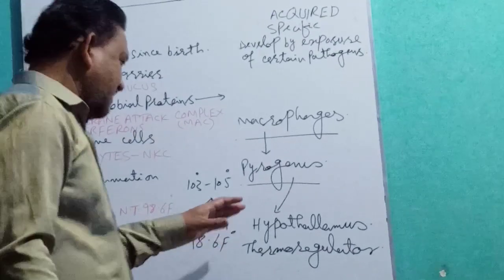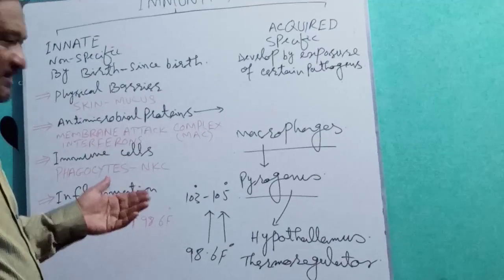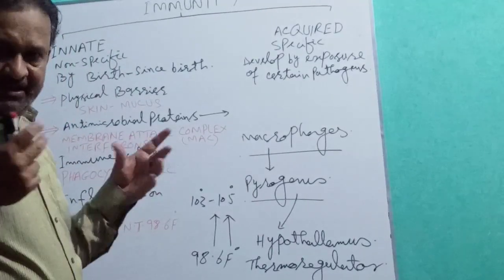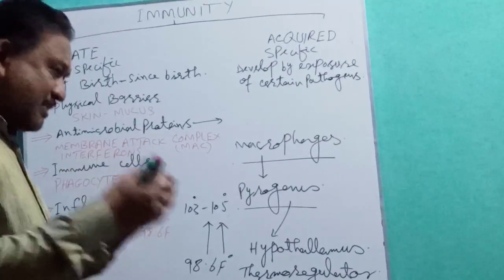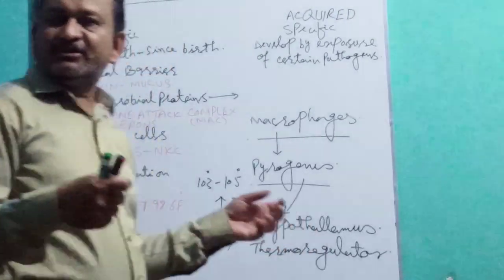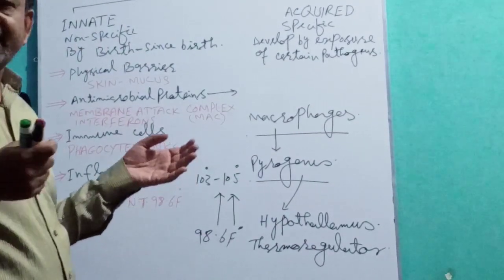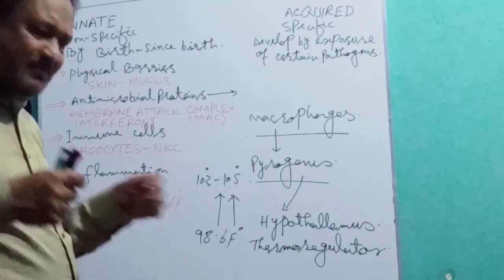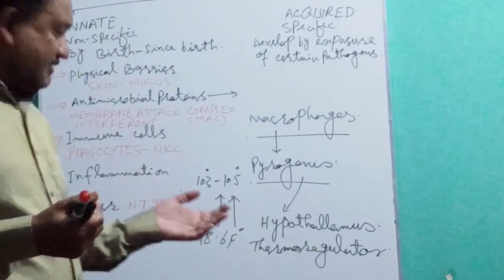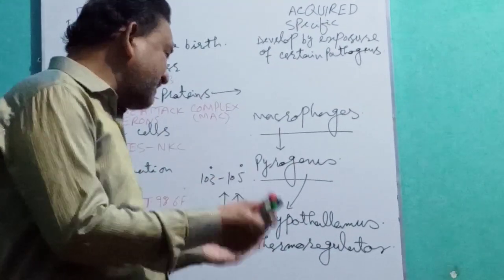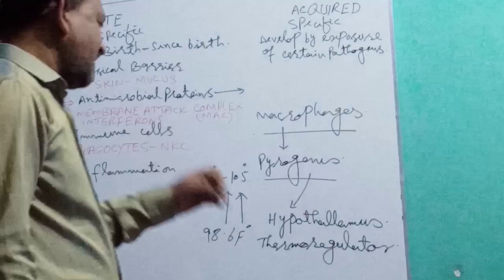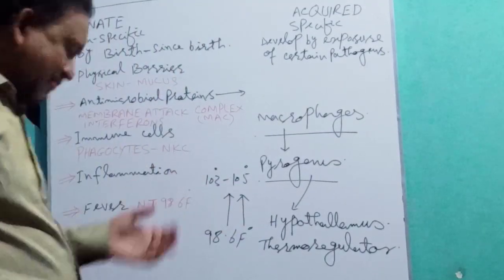But how does this temperature rise? Because the hypothalamus sends signals to our muscles to contract and relax, and also signals to the skin where blood circulation constricts and shivering starts. So the blood temperature increases, blood consumes the heat, and the temperature becomes high.